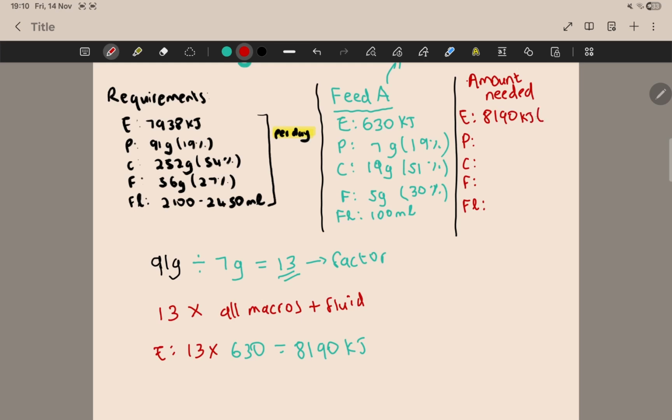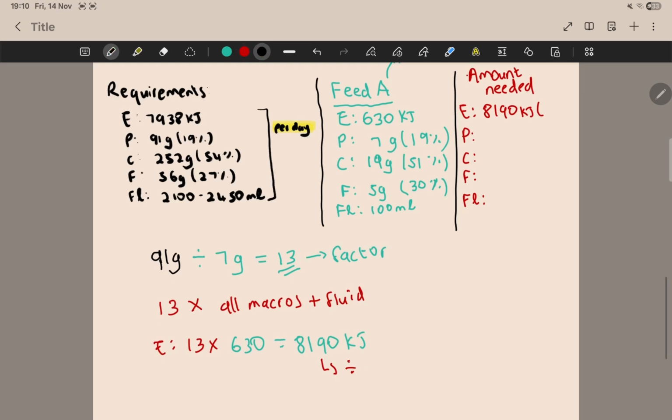There we go. Okay, to get the percentage of requirements met, you simply take this figure divided by your requirements. So that's 8190 divided by 7938, which gives us 103%.